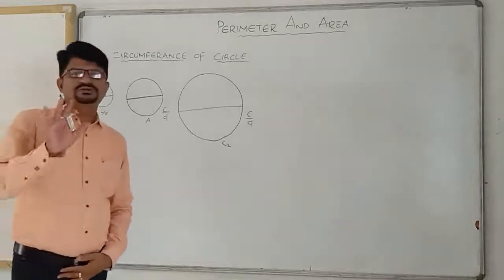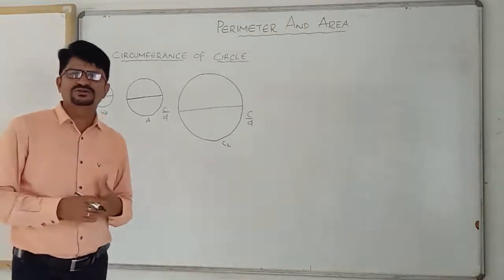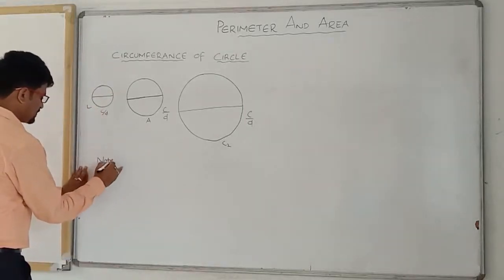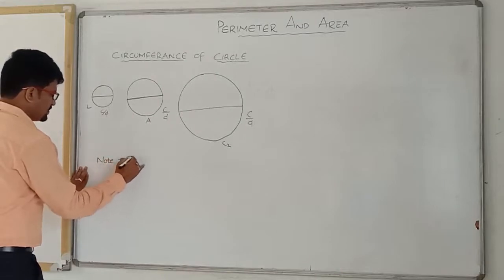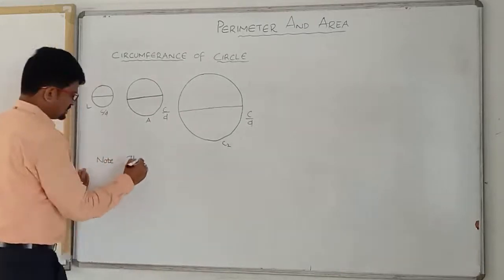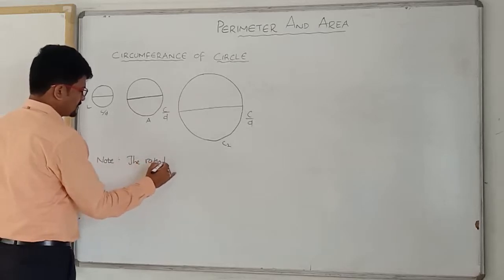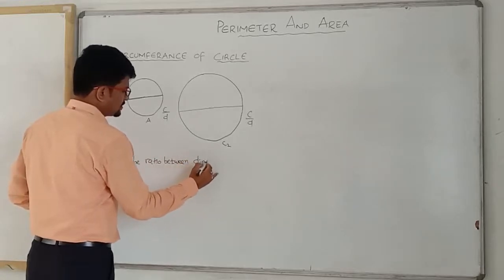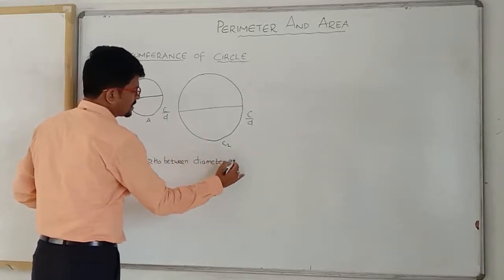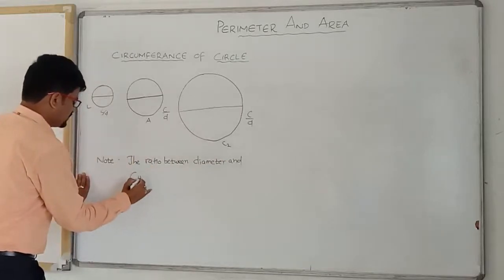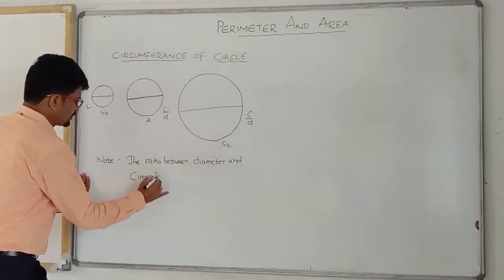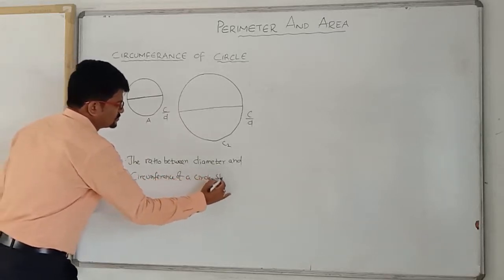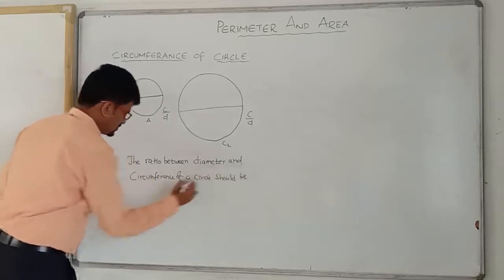That constant should be denoted by pi. Okay, the ratio between diameter and circumference of a circle should be constant.